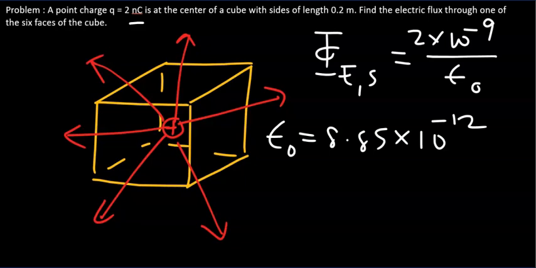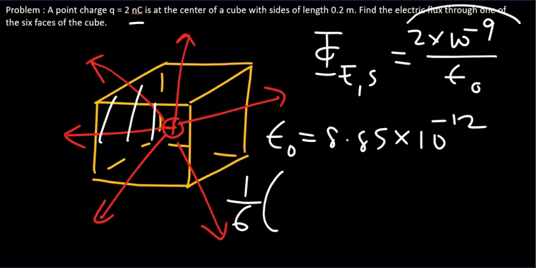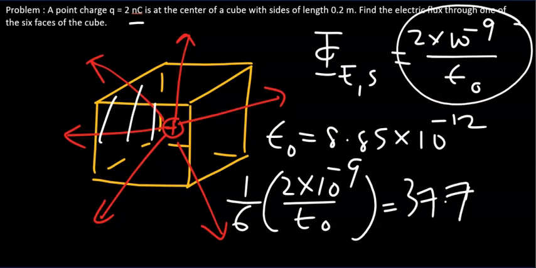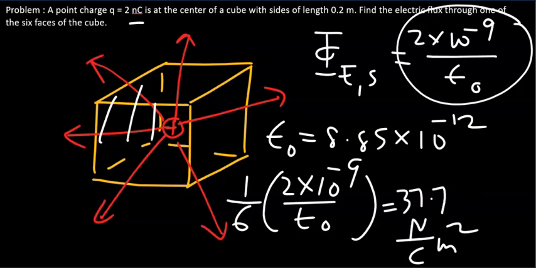We're interested in the electric flux through one of the surfaces. There are 6 of them, so all you have to do is take this result and divide it by 6. So 2 times 10 to the power minus 9 over epsilon naught, divided by 6, will give you 37.7 newton per coulomb meter squared. That solves the problem.